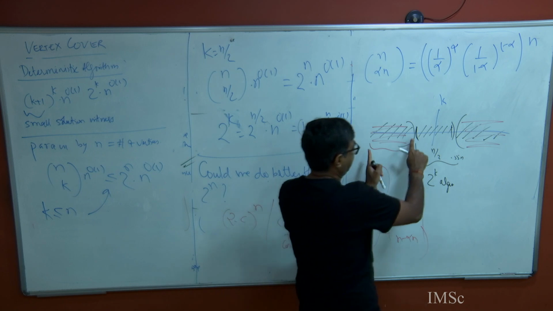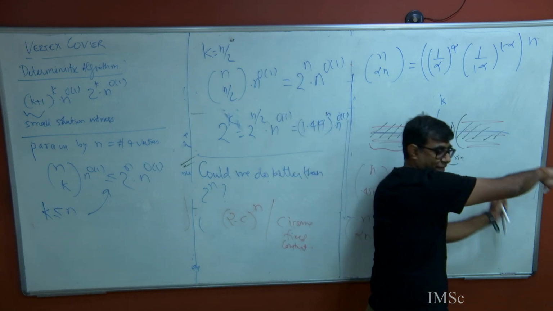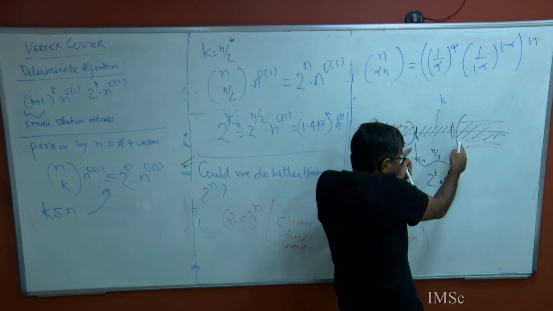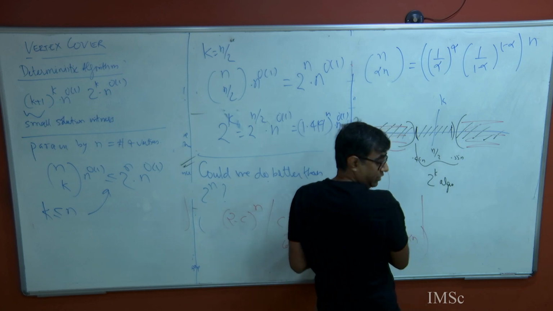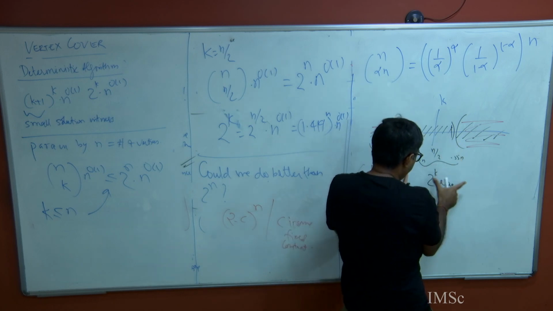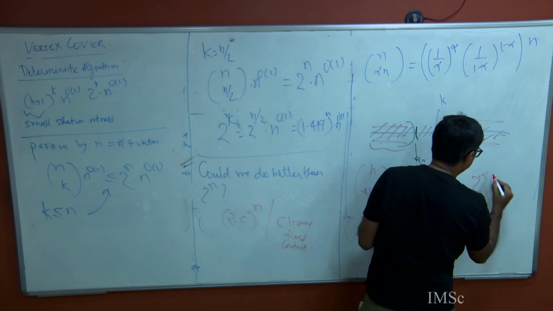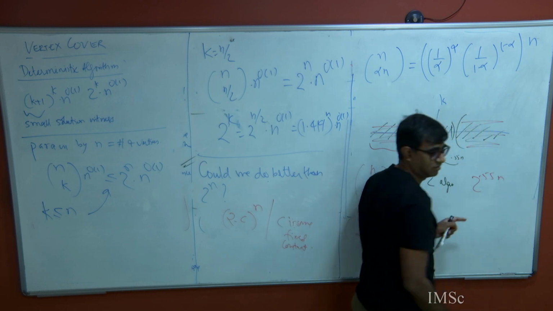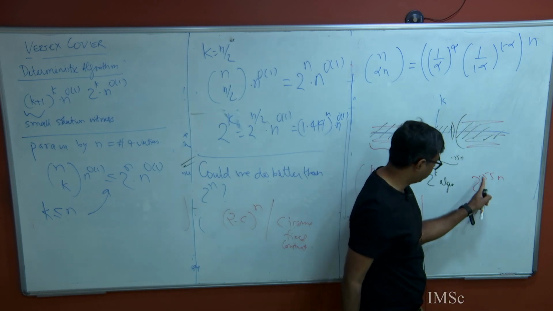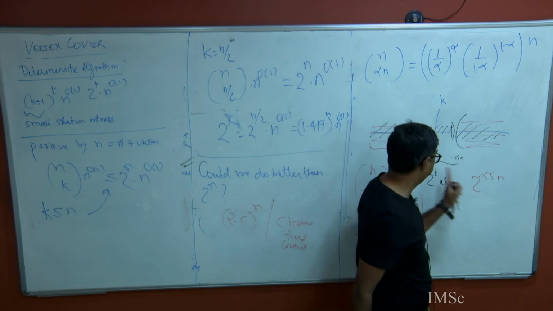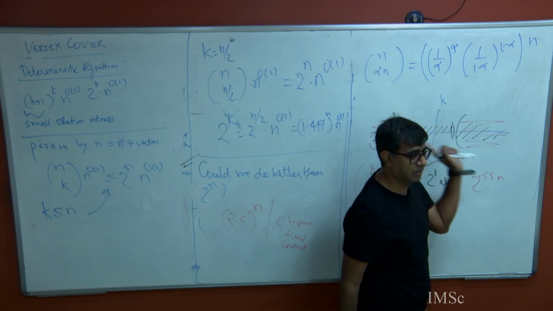So if I find the maximum here, I have also taken care of everybody else. And in this range, this is less than 2 power n, because this number is not 1. So I am definitely doing well.